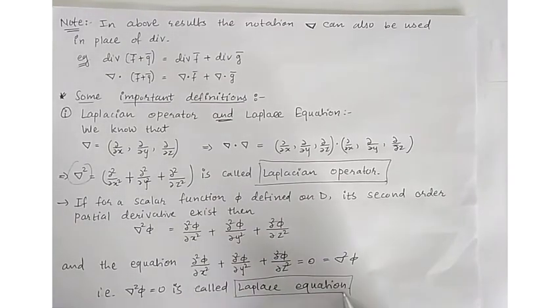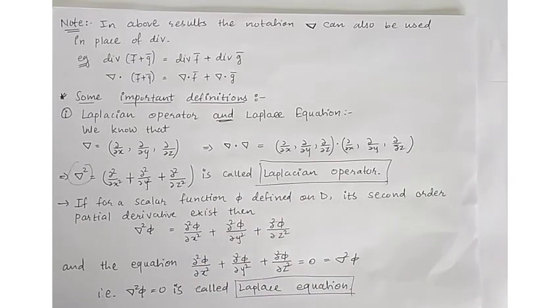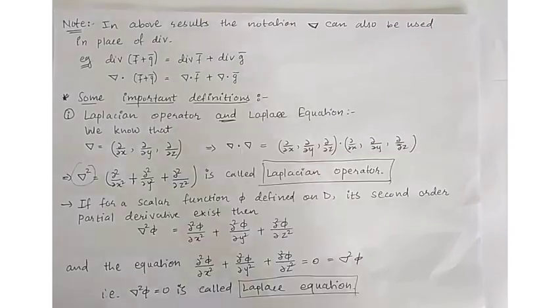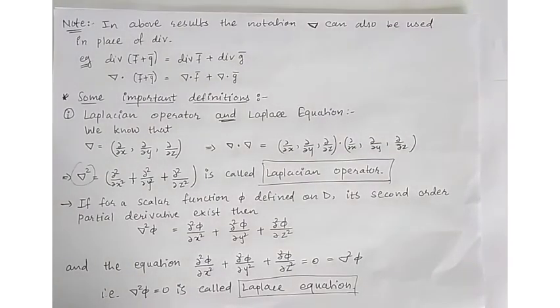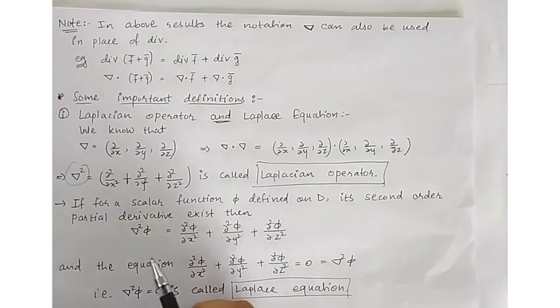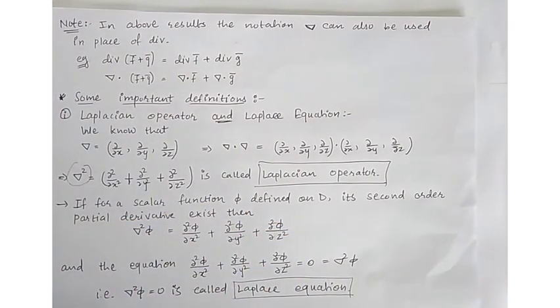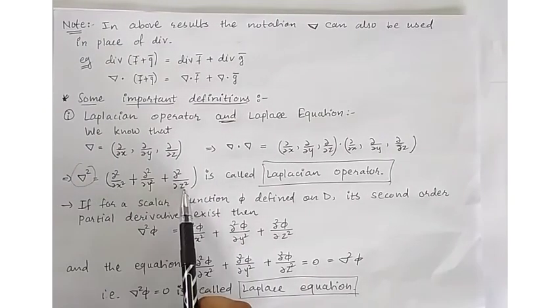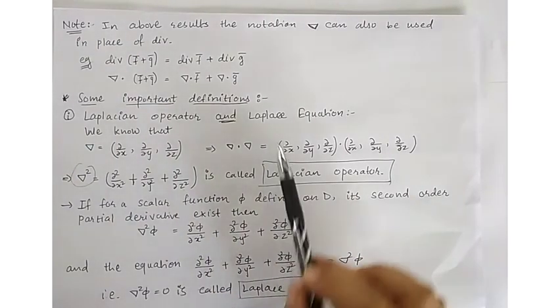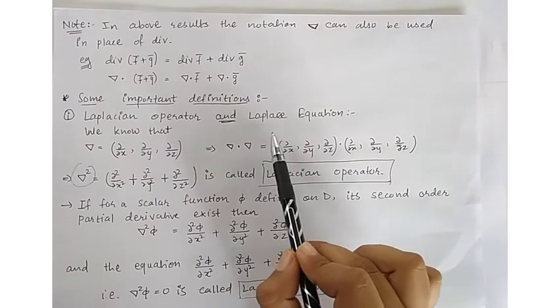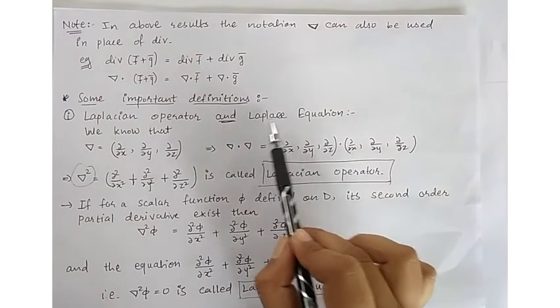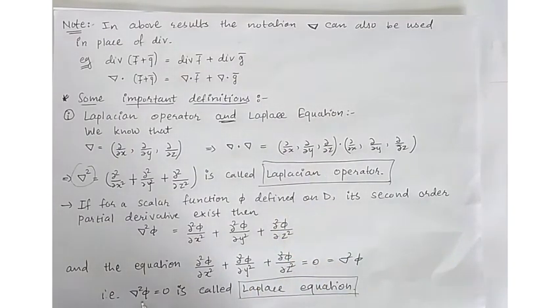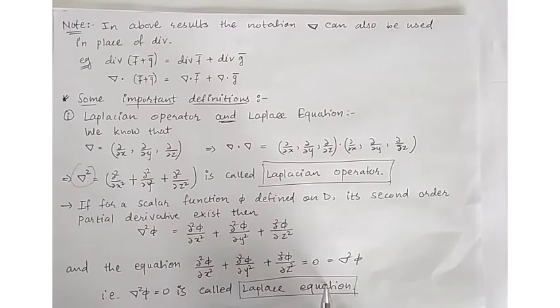Laplace equation. So in your examination, if one asks what is the Laplacian operator, you have to write this operator only, and if we have to ask what is the Laplace equation, you have to write this equation, that is del square phi is equal to 0 is called the Laplace equation.